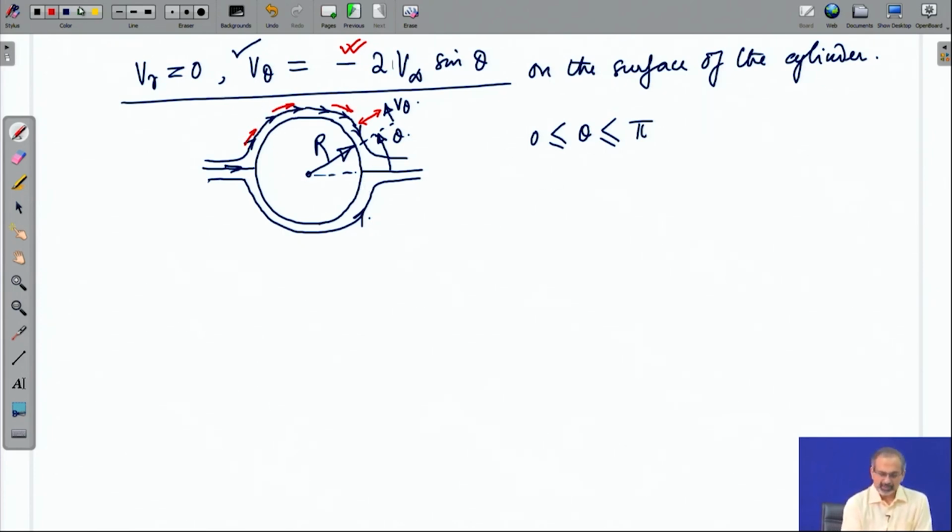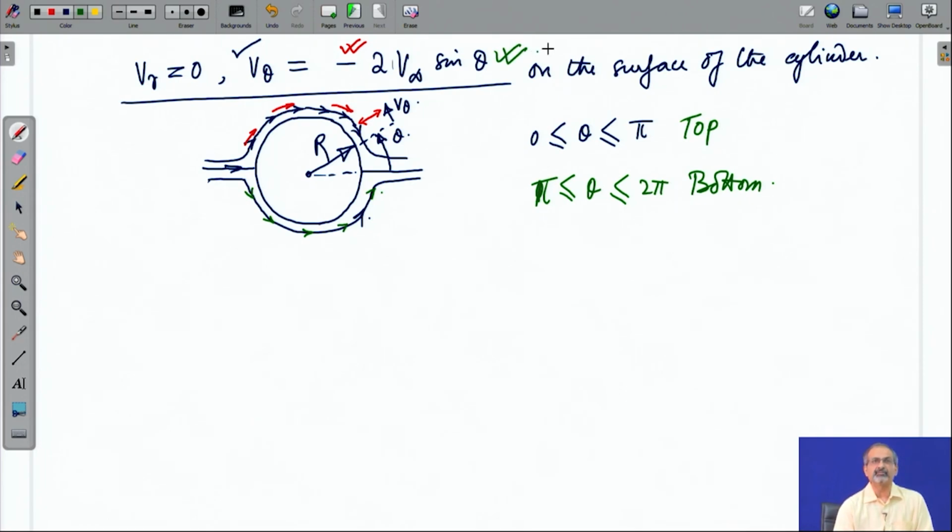While when you go to the other part, the lower part of the cylinder, how does theta vary? Theta should be varying between pi and 2 pi in the lower part. So, this could be called top, this could be called bottom. In the bottom part, the V theta direction will be along the theta direction itself, and that is consistent with the direction of the streamline. Therefore, this is a consistent expression which gives the direction of the V theta appropriately.